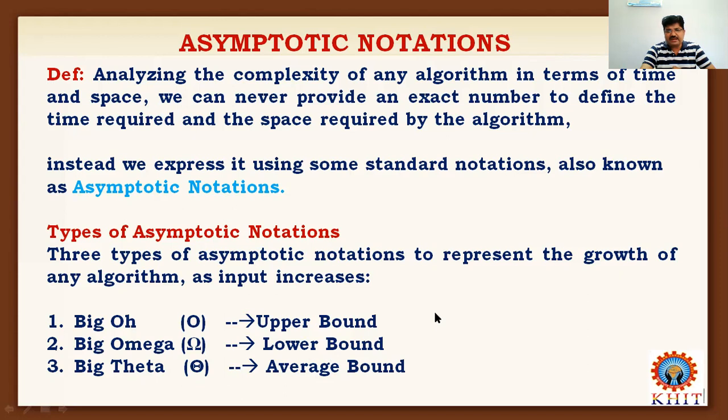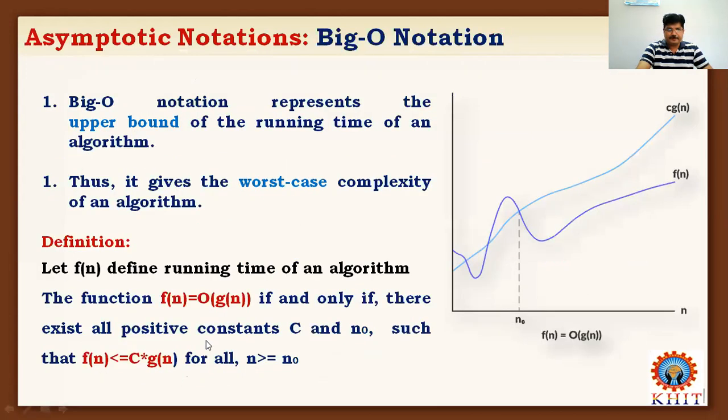So finally I can conclude that asymptotic notations are the notations used for measuring the time complexity and space complexity of an algorithm. Now let us see the first notation, Big O notation.